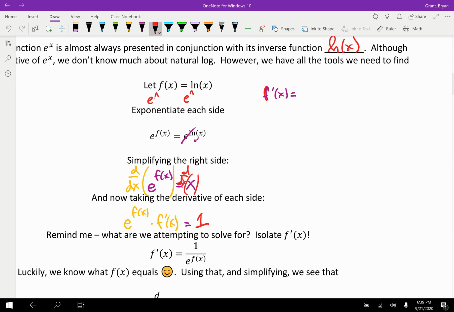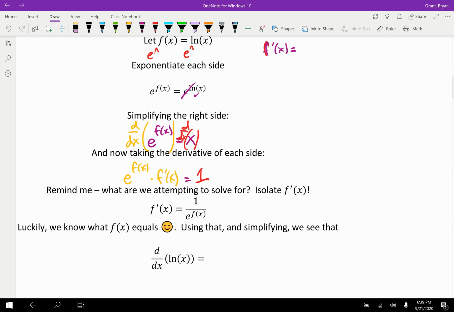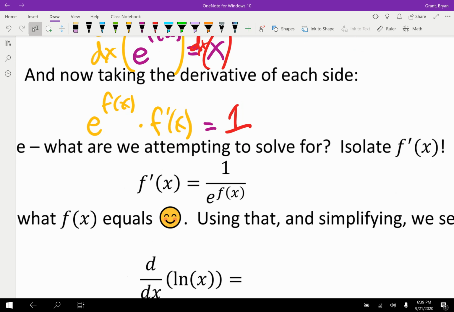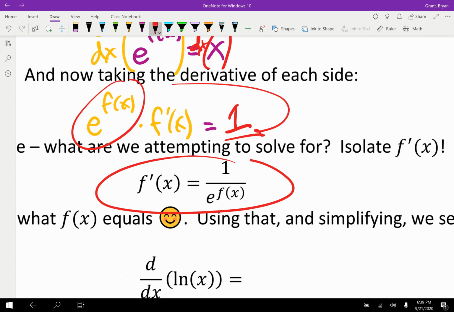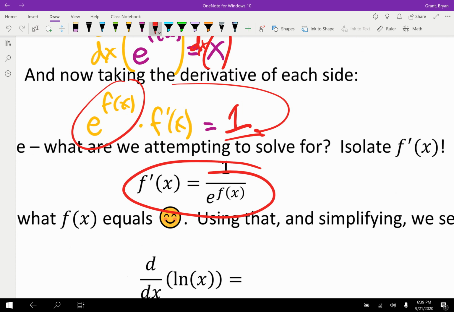Now, what are we actually trying to solve for? Well, we want to know what f prime of x equals, so we should probably isolate f prime of x. And I think that's easy enough, right? We just divide this guy over to the other side, which is where this piece comes from. And then we've really found the derivative of the natural log of x. This is the derivative. However, we can make it look a little nicer. It's usually frowned upon if you take the derivative to have f of x standing in the original or in the derivative's equation.